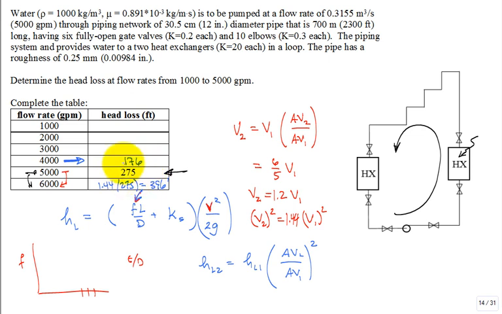True? And then you do the same thing here. What you find is that the head loss drops dramatically as the velocity goes down because it's proportional to V squared, as well as the volumetric flow rate because it's proportional to the volumetric flow rate squared. You're not changing the pipe diameter.